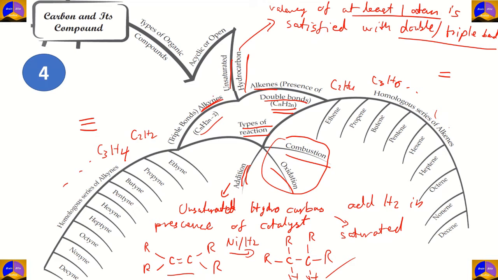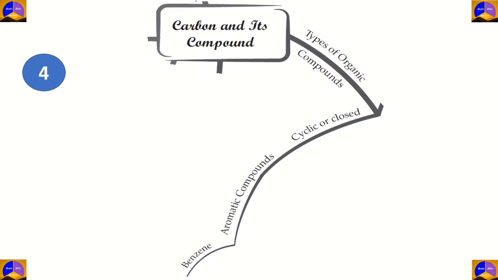Now, saturated compounds and unsaturated compounds are both acyclic, which means that they have an open chain of carbon. The compound has an open chain. It's not closed. But what happens if your compound gets closed? Then it is called a cyclic compound.